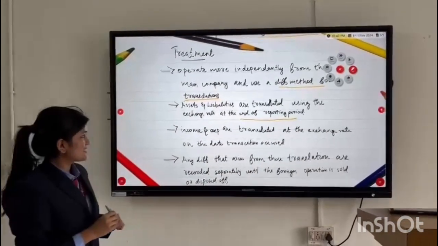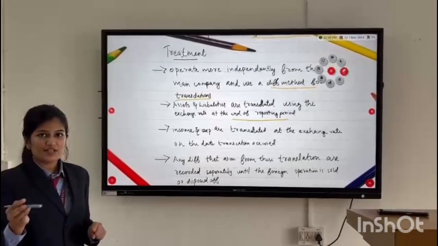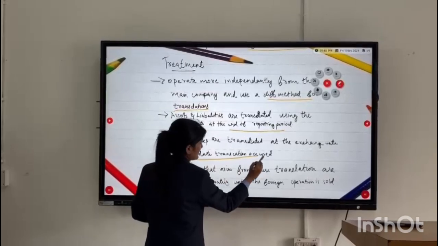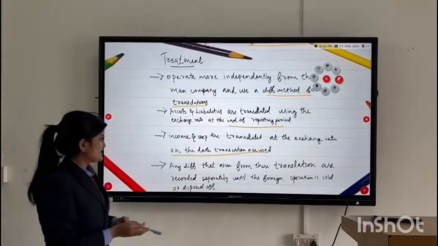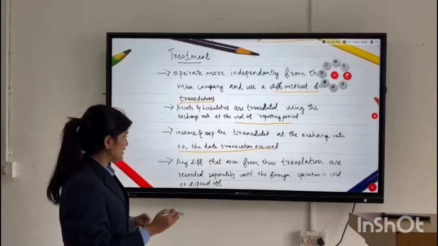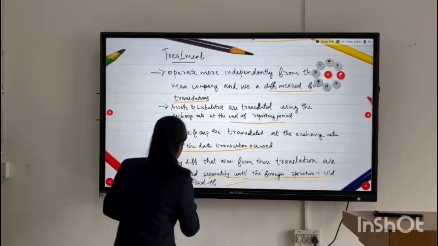The income and expenses are translated at the exchange rate on the date the transaction occurred. And any difference that arises from this is recorded separately until the foreign operation is sold or disposed of.